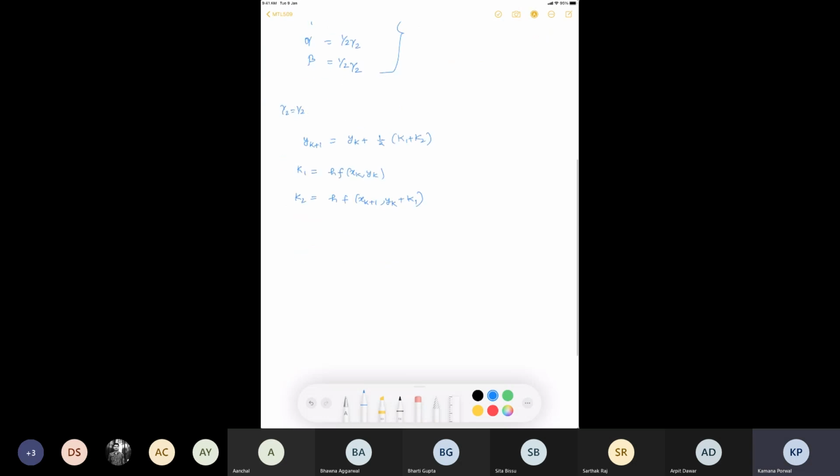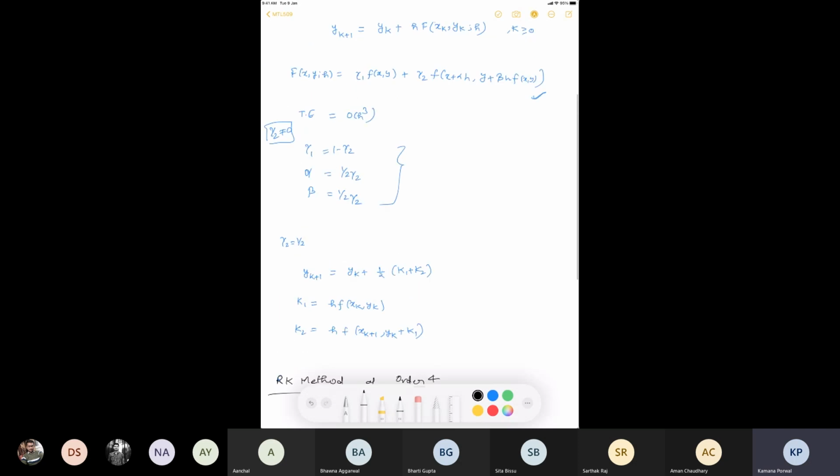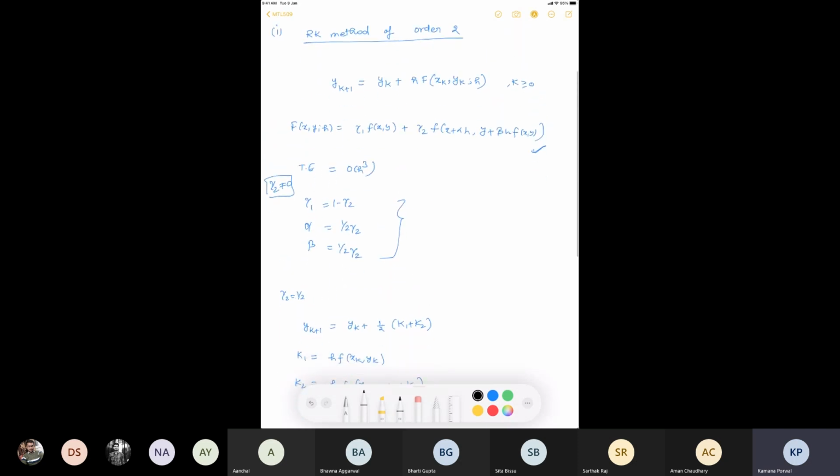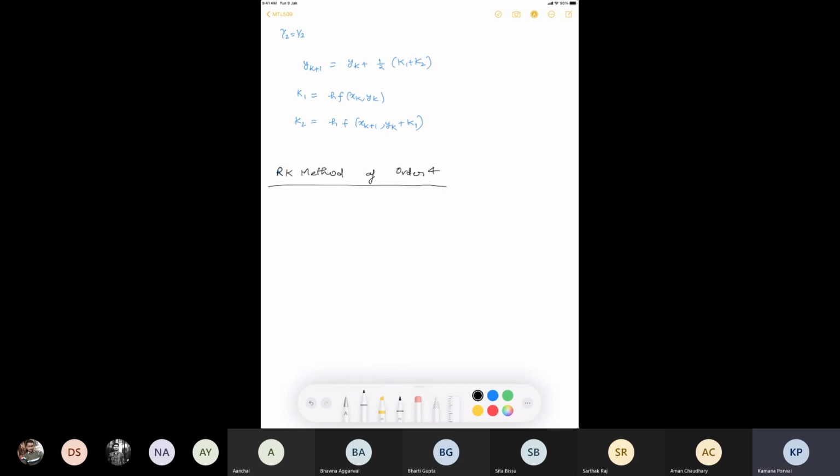The most commonly used method in this family of RK methods is the RK method of order 4. What is this method? Let's first write down its formula. I'm not going to derive the formula, I'm just going to explain it.